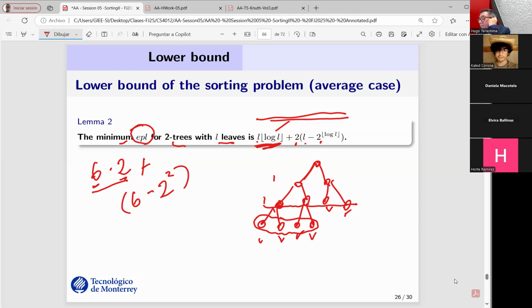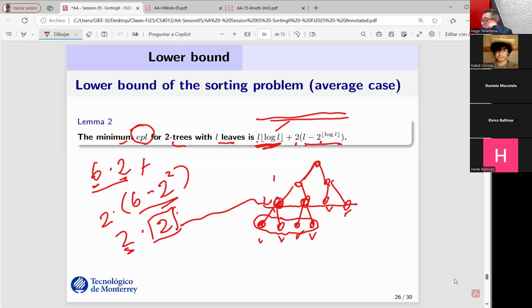What is that? It's 2. And what is the meaning of this 2? It's the nodes that have children or offspring. This is L minus 2 to the floor of log L, times 2. And what is the 2 here?